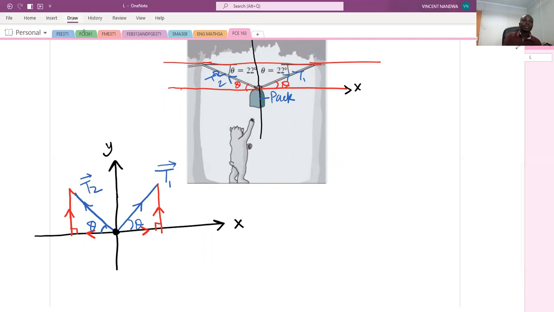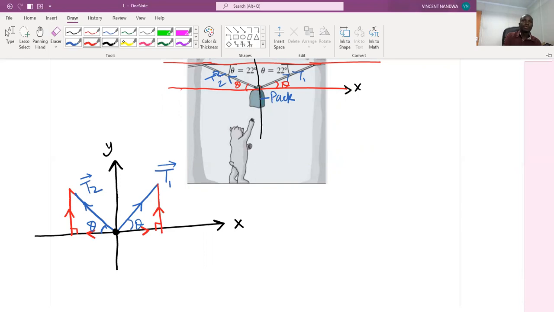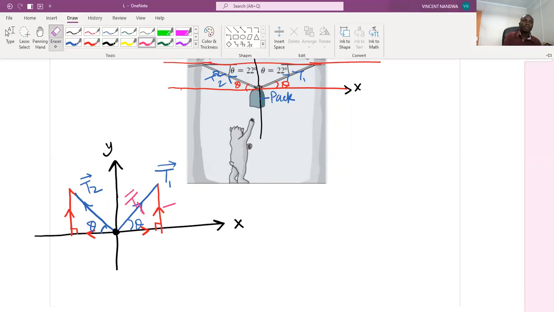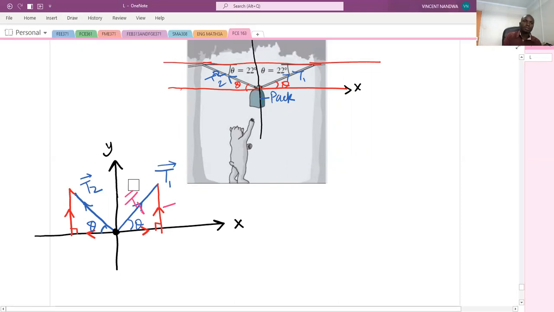From trigonometry, it should be easy for you to see that the magnitude of this hypotenuse is T1, the tensional force.